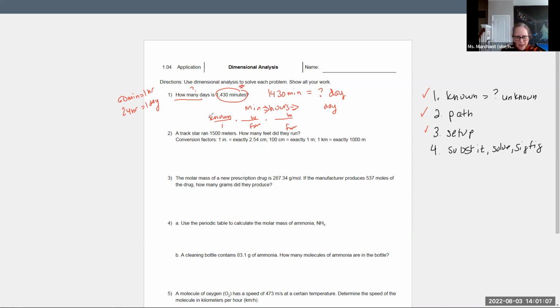My known is the one that's on the left side, 1430 minutes. Okay. And we're going from minutes to hours. And then my second conversion, we're going from hours to days. So I've now converted it. So it's 1430 minutes over 1 times hours over minutes times days over hours.